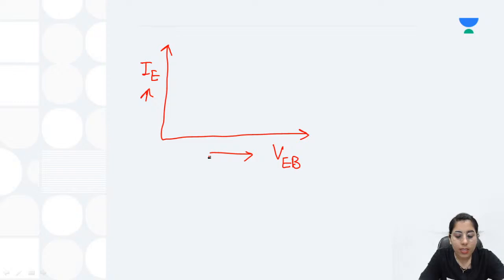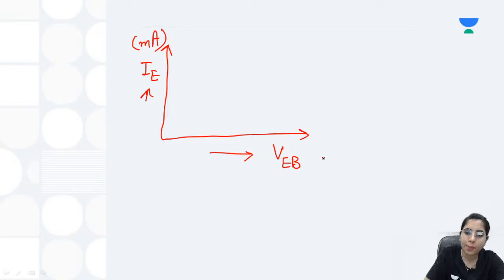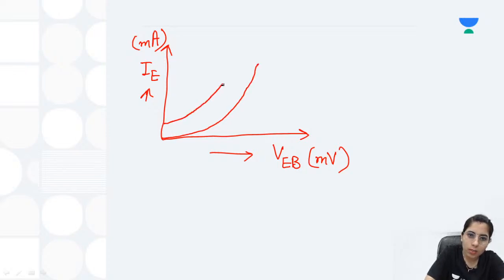In this case, if you measure the VEB practically, we get the IE, the emitter current, in units of milliamperes, while this one is in millivolts, and the type of characteristic or graph you will get is something like this or something like this.